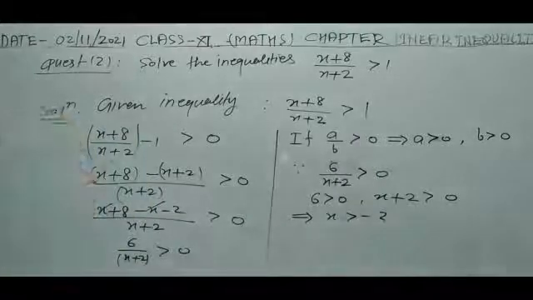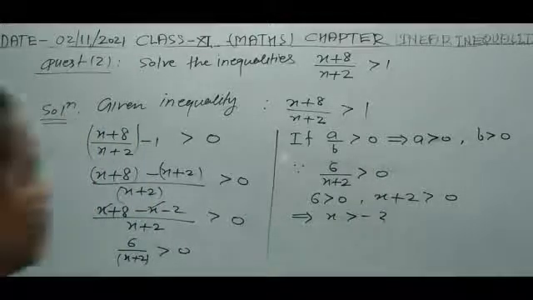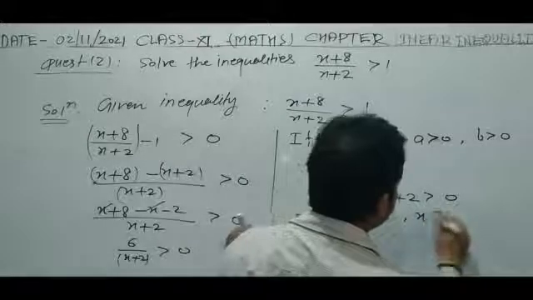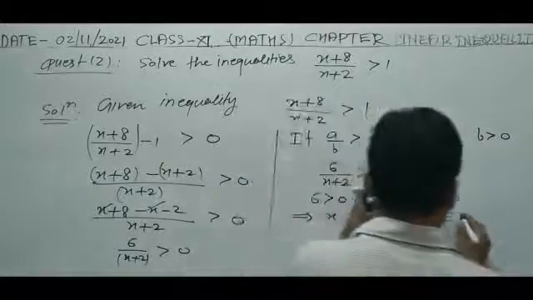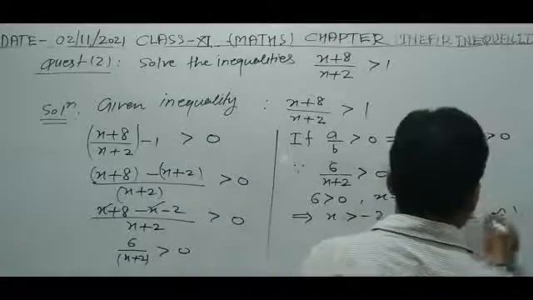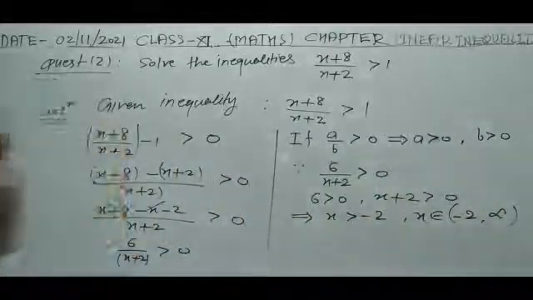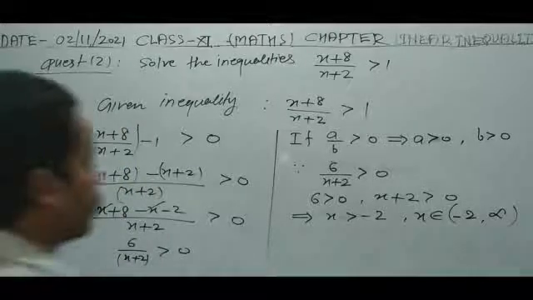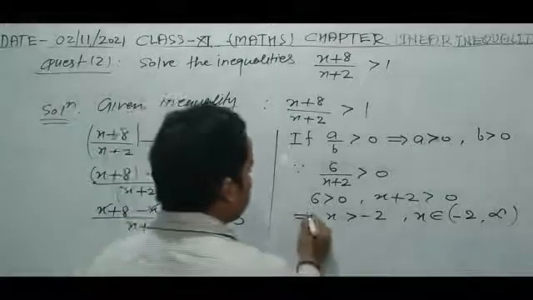Now x is greater than minus 2 is the solution set. Greater than minus 2 means we can write x belongs to minus 2 to infinity in open interval. And now represent on the number line.